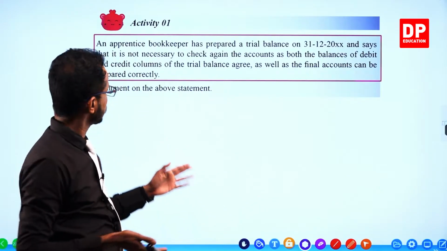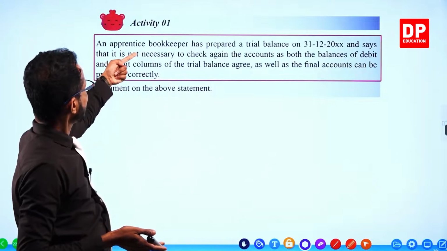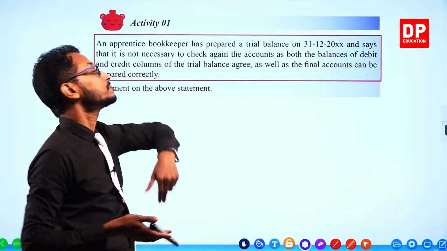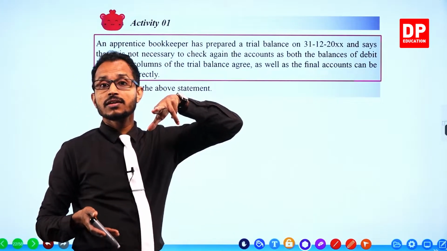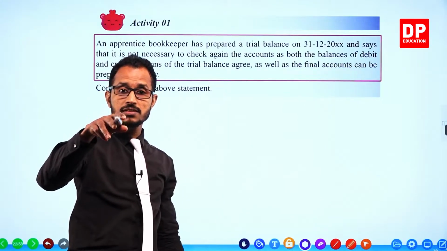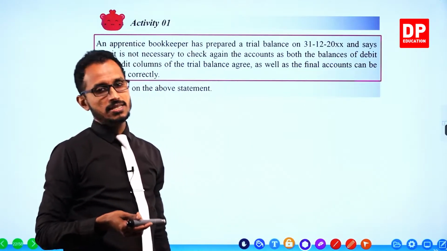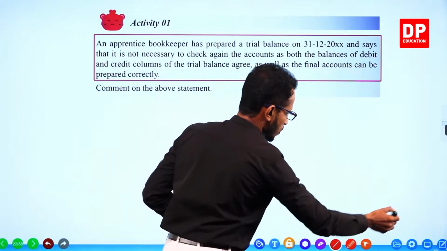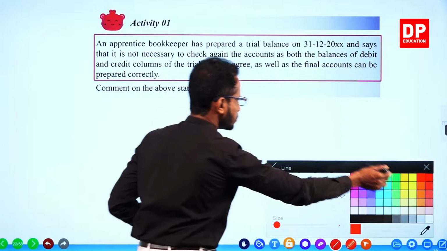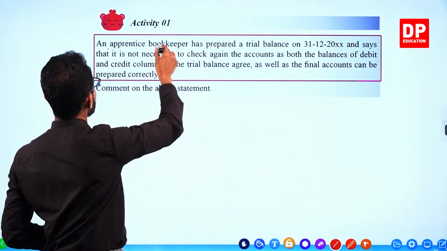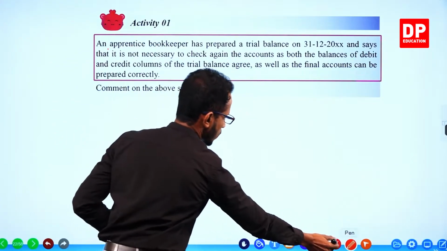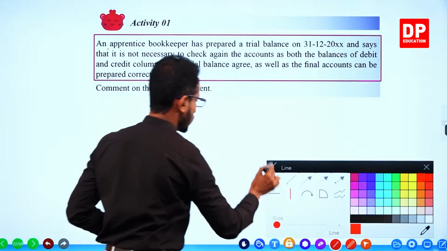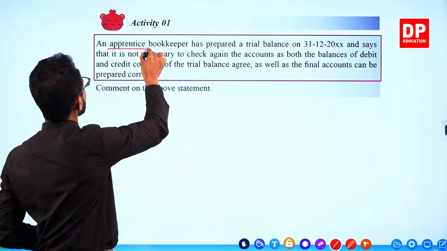Let's read it. An apprentice bookkeeper. New word. Do you know what is apprentice? Trainee. Apprentice means trainee.